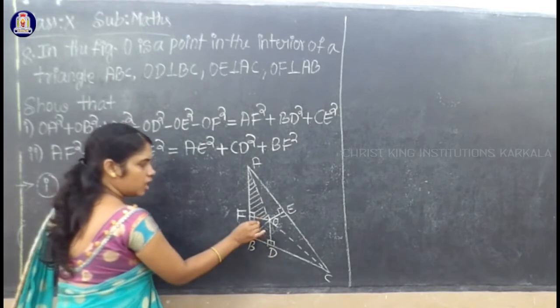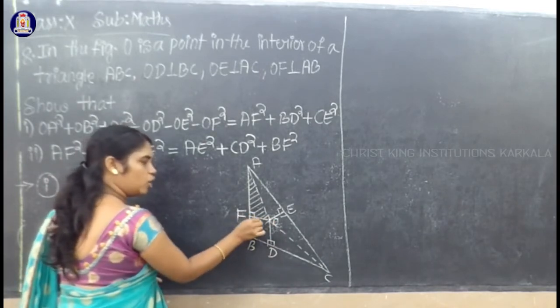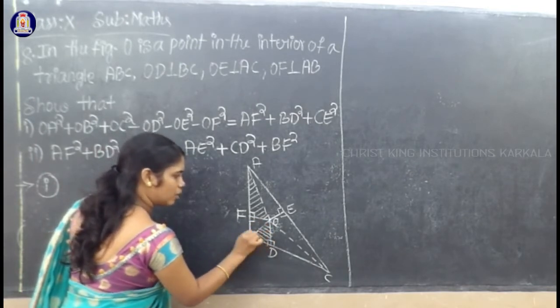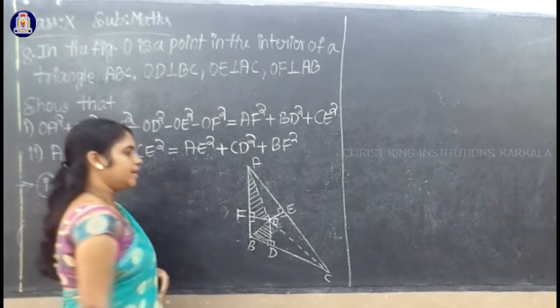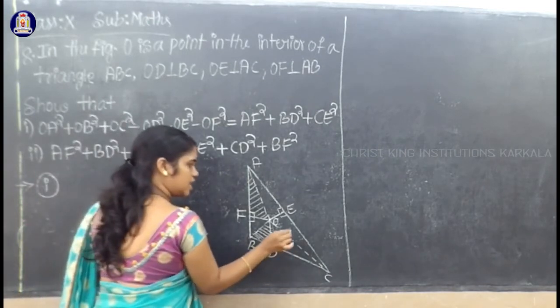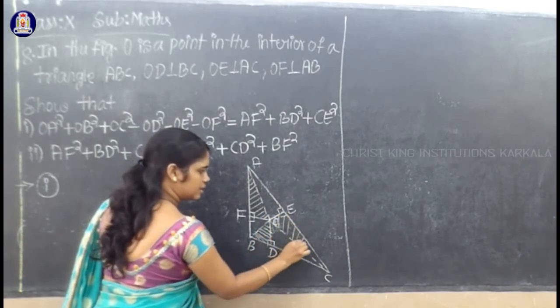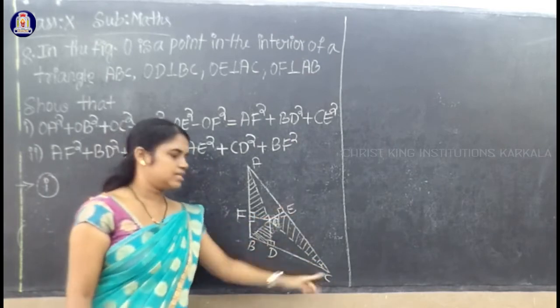So OFA is one of the right angled triangles. Next, another right angled triangle is there, that is OFB. I will not consider this. I will consider the next right angled triangle, ODB. Next, I will not consider this. I will consider the next right angled triangle, that is OEC.